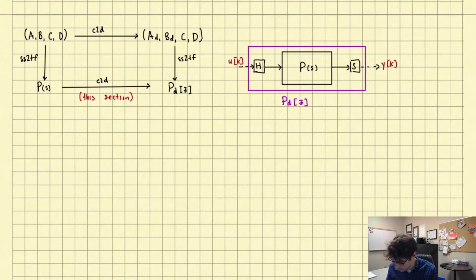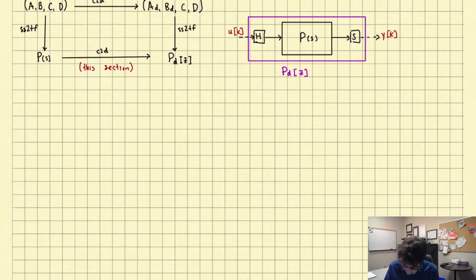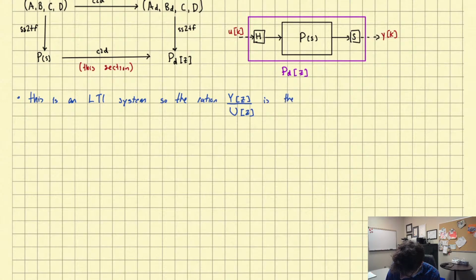That's the first observation: this is an LTI system, and the ratio is the same for any input-output pair.